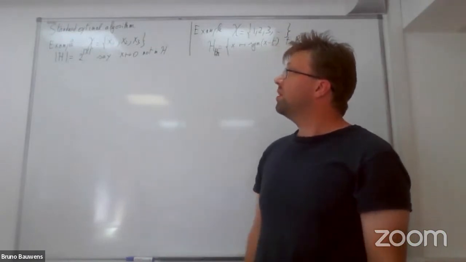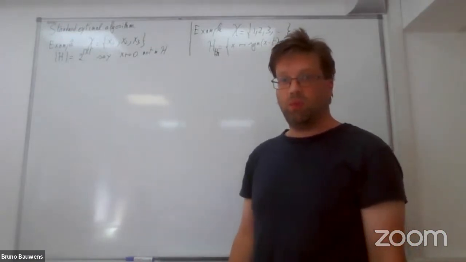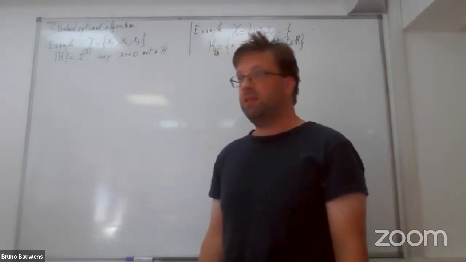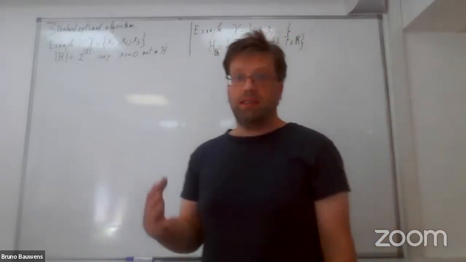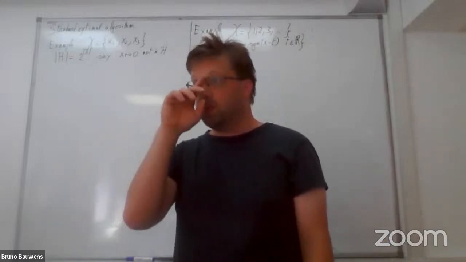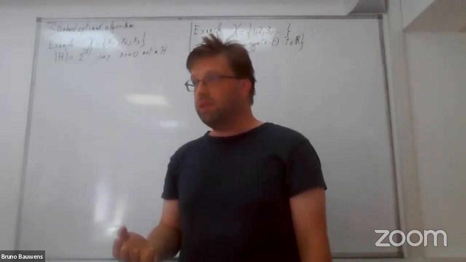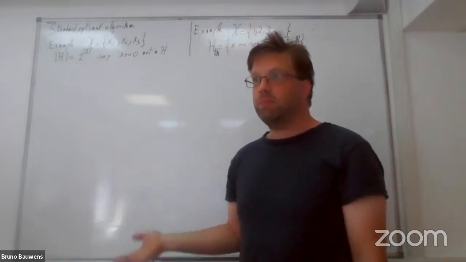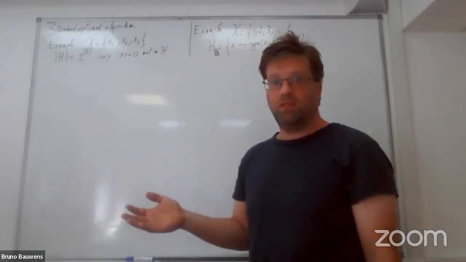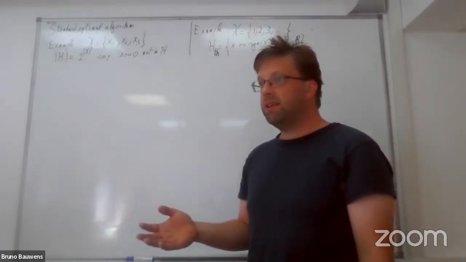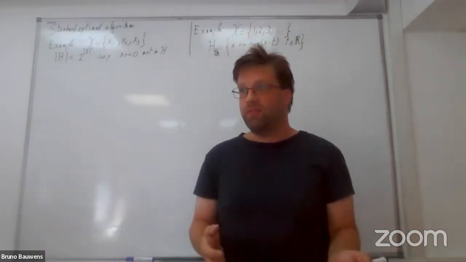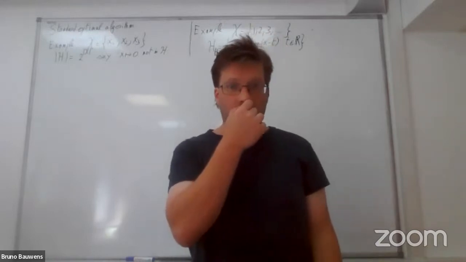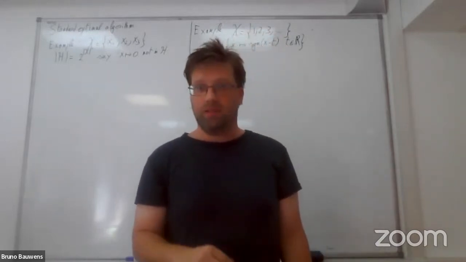Okay, so the standard optimal algorithm. It is a very simple algorithm if you understand what is Littlestone dimension. But first, let's recall what we did last week. So we spoke about the halving algorithm. If H is finite, we can take a majority vote. And if the majority vote is wrong, it means that from the version space, so the version space is a set of classifiers that are consistent with the given input-output pairs.